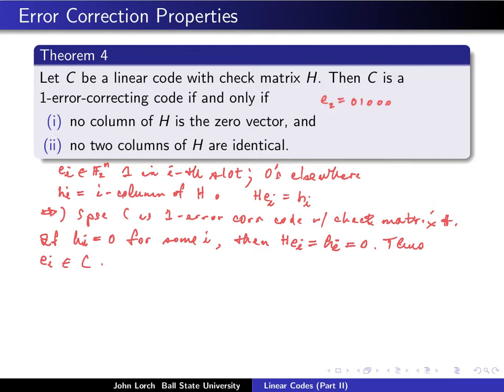But there's a problem with this, right? If you look at the weight of E sub I, remember the weight counts the number of ones in a string, so the weight of this E sub I is equal to 1. But that contradicts the fact that delta, the minimum distance between two distinct code words, must be 3 or larger.